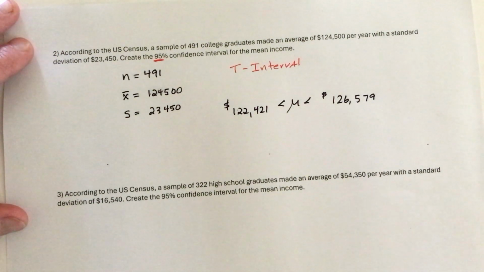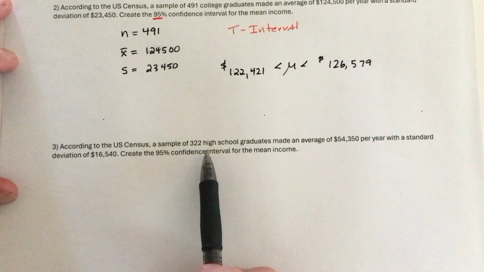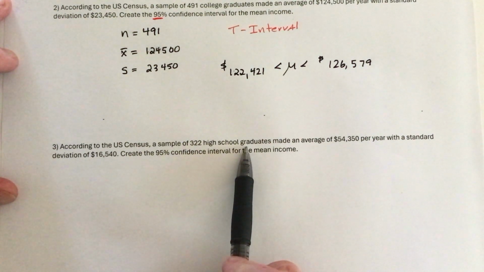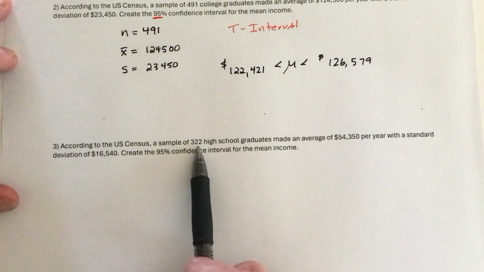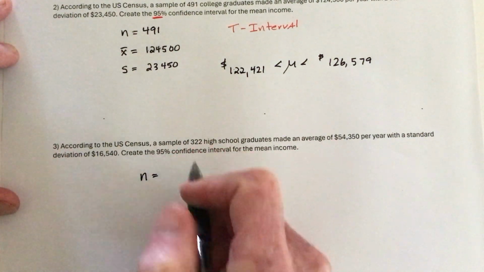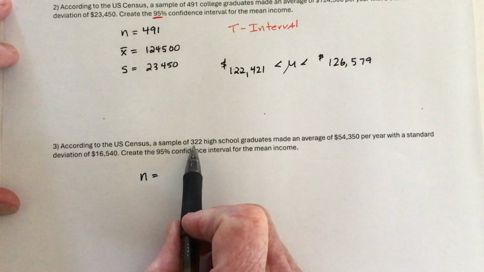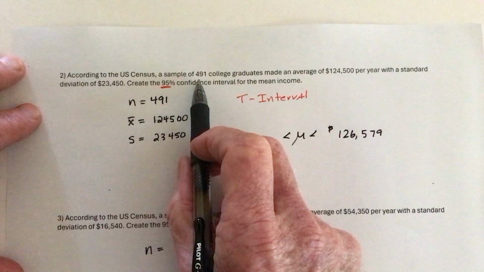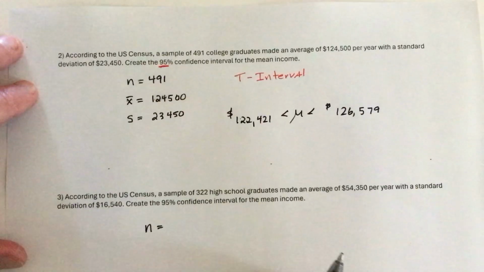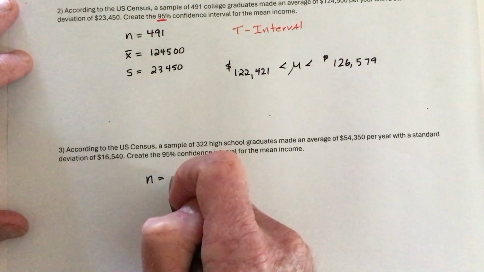All right, next up, right next to where I found that data, they also had data for high school graduates. So for high school graduates, they had 322. This was actually, to tell you the truth, like 3,222,000, and this was like 4,900,000. Anyway, we'll just make it 322.